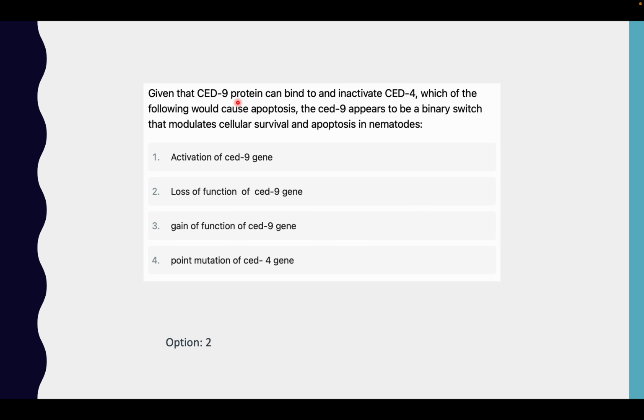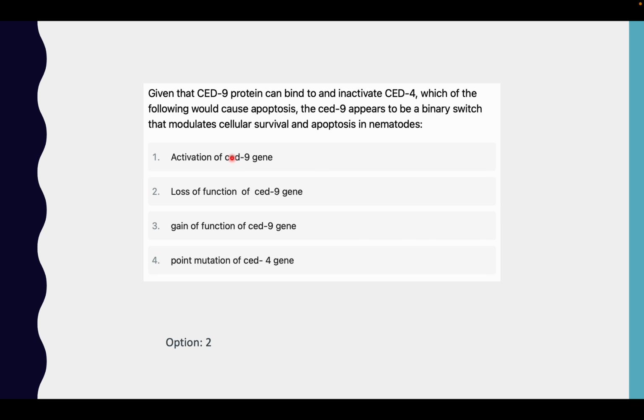So they are saying which of the following would cause apoptosis? Here they are talking about the CED9 mutant. If CED9 inhibits apoptosis, then loss of function mutants of the CED9 gene have inappropriate apoptosis of cells that would normally survive.